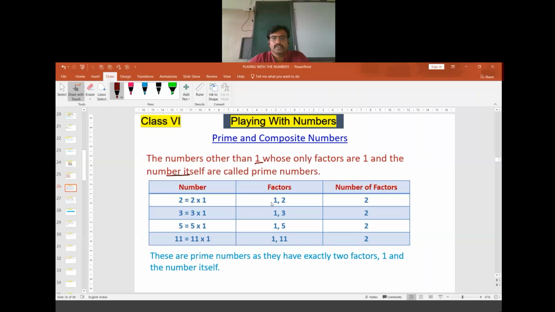The factors of 2 are 1 and 2. The number of factors is 2 here. This holds true for 3, 5, 7, 11, and so on. These are the prime numbers. They have exactly 2 factors. So you have to remember prime numbers are those which have 2 factors only.